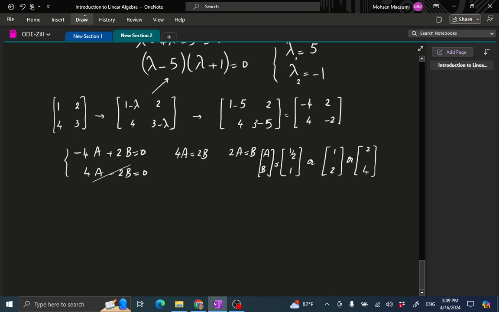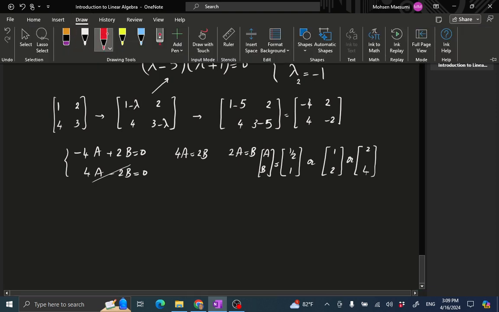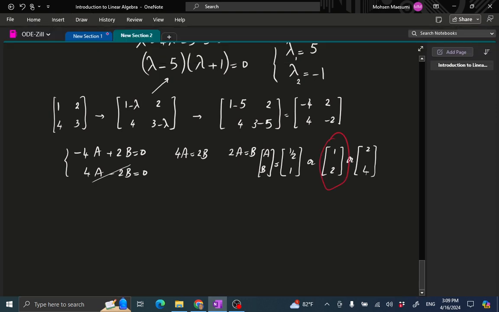Do you agree with me that the nicest one of these is this one? First of all, we don't like fractions, and second, we also don't like unnecessarily large numbers. So 1, 2 is going to be fine. Let's record it for ourselves.